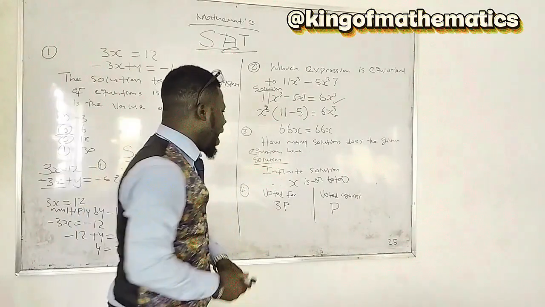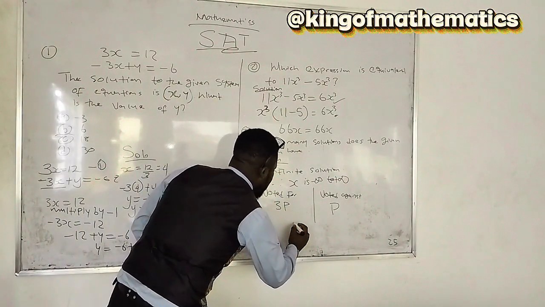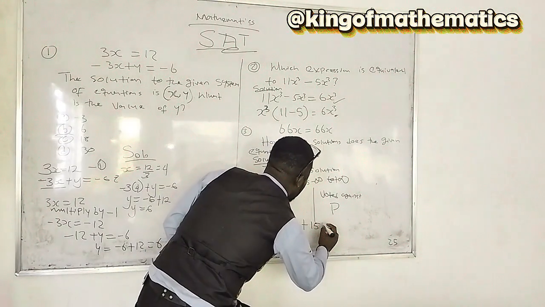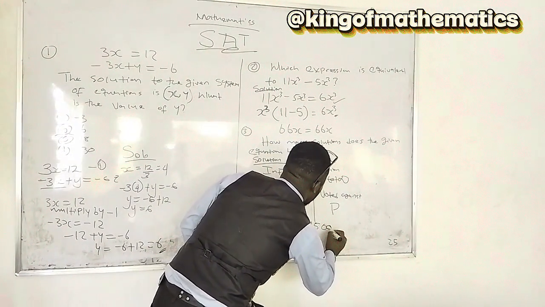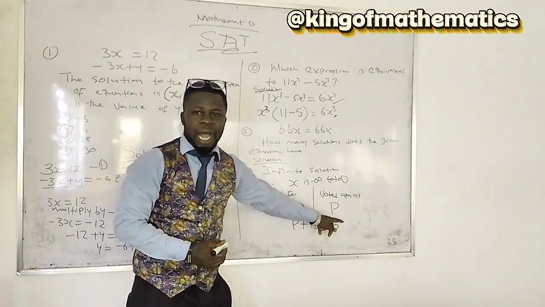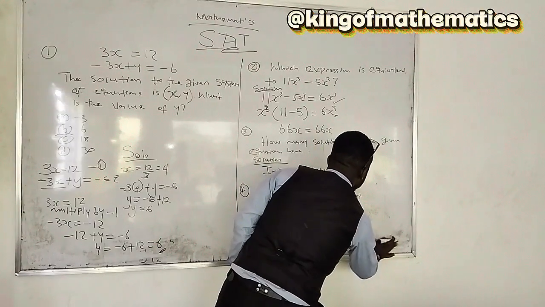So that means what we have is P plus 15,000, which will now be equal to our 3P.